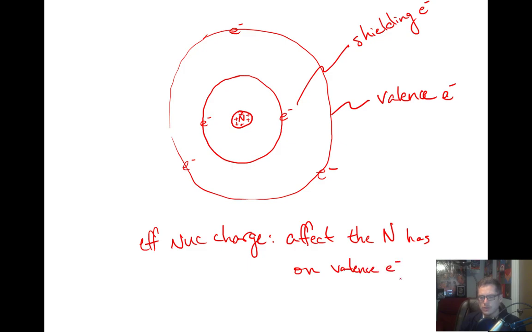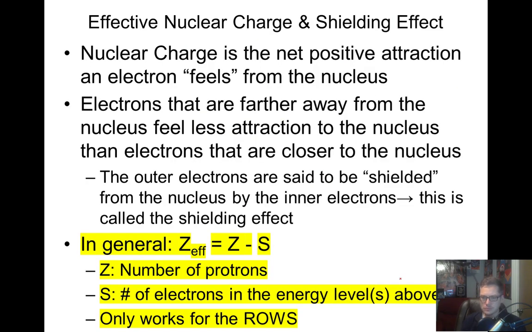Whenever I ask you what's the effective nuclear charge, it's the effect the nucleus has on valence electrons. It's the net positive attraction the electron feels from the nucleus. Specifically, it's not just the electron; it's specifically the valence electron. So it's the effect these valence electrons feel from the nucleus.